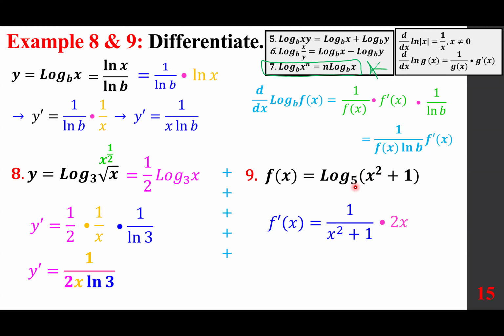No, therefore 1 over ln b, 1 over ln 5. And of course, it's a fraction with the 2x at the top only. So f prime of x is 2x over (x squared plus 1) times ln 5. So that's pretty straightforward, everybody.